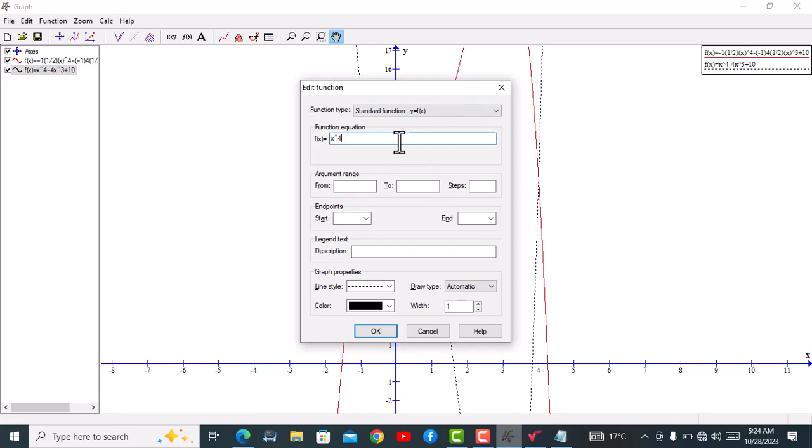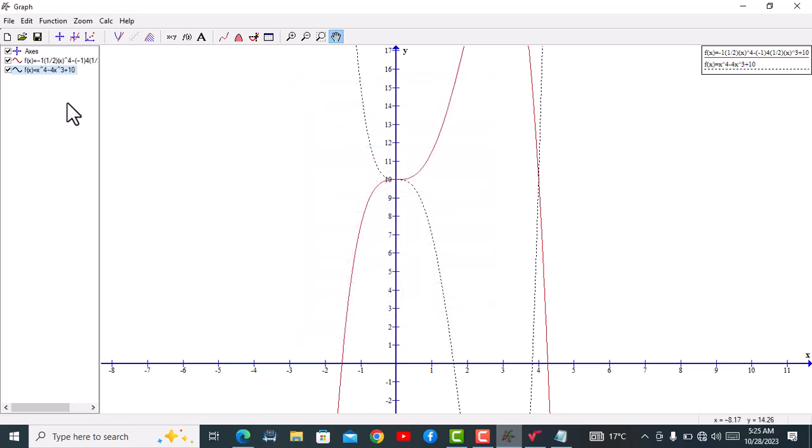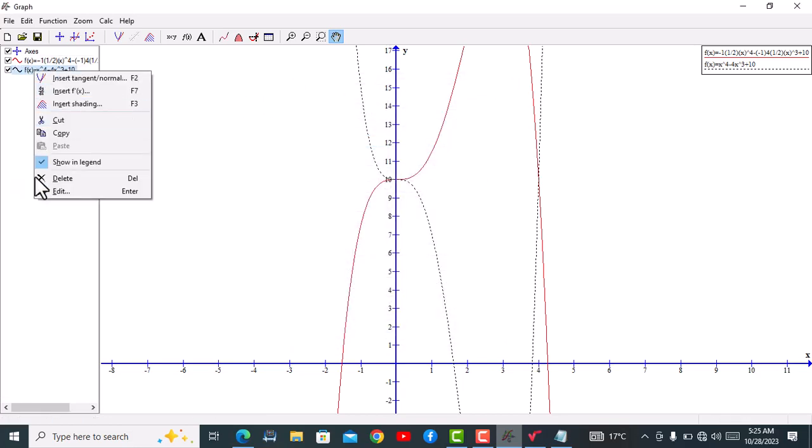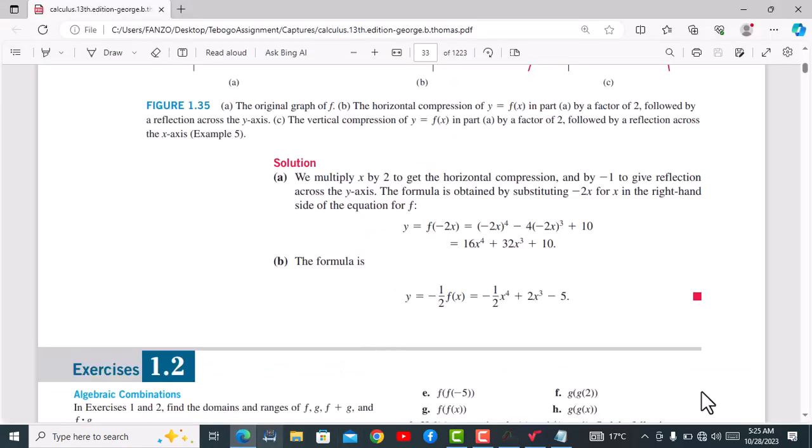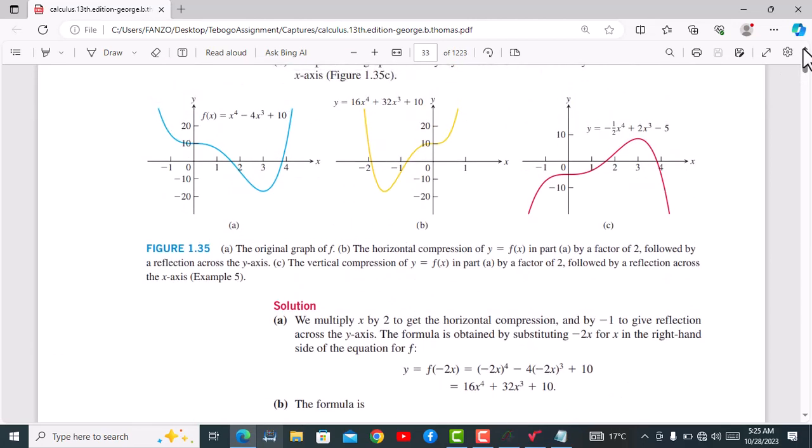Let me just get rid of this one because it looks like it will give us some problems. So this is what we have. This is exactly what we have.